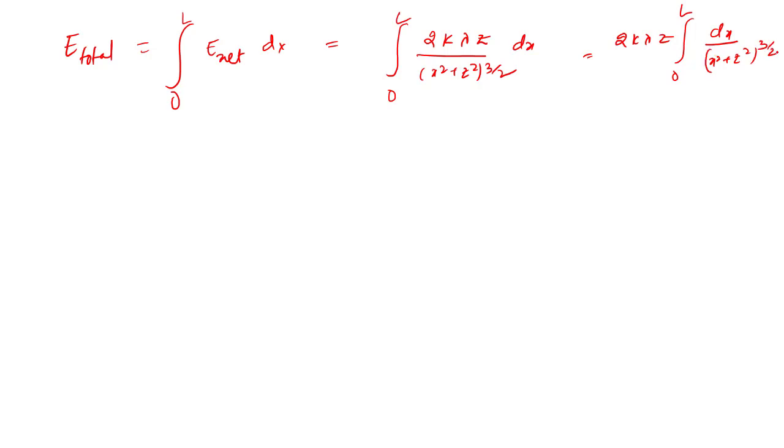So that's easy enough to integrate. You would get that integral as 2k lambda z times this integral.